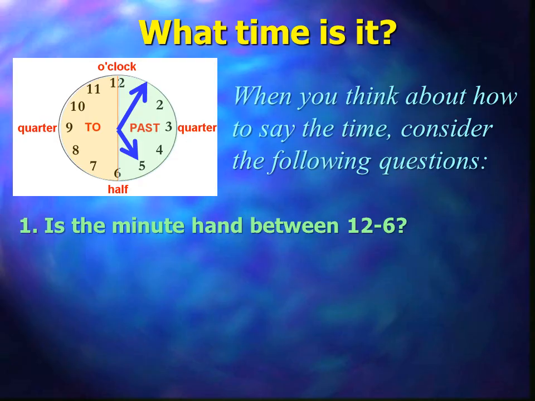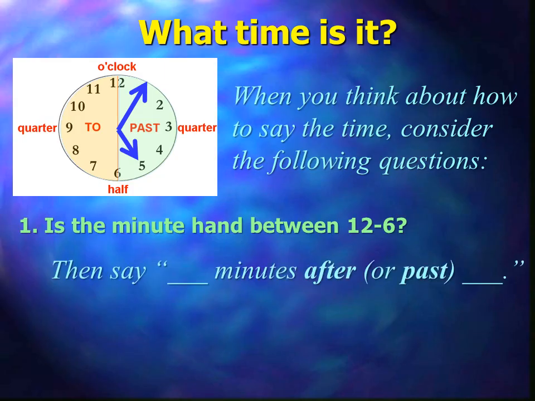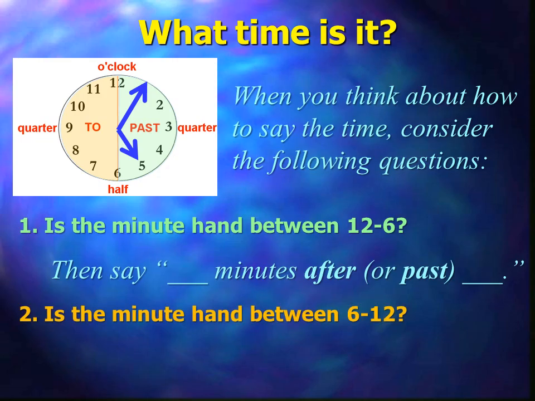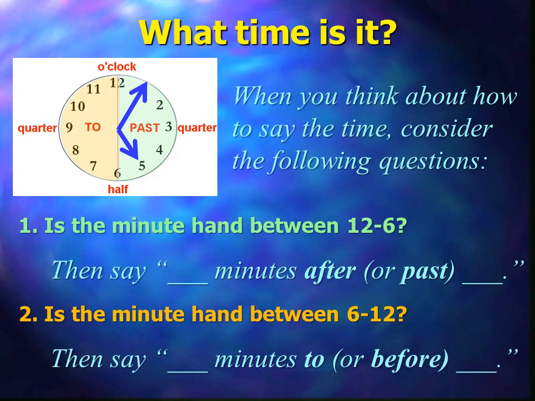Here is another example. Ask yourself, is the minute hand between the 12 and the 6? If it is, then you say however many minutes after or past the hour. Is the minute hand between 6 and 12? Then say however many minutes to or before the hour.